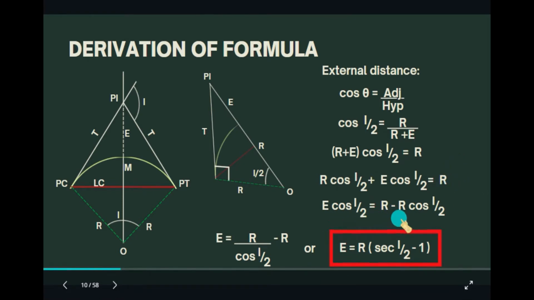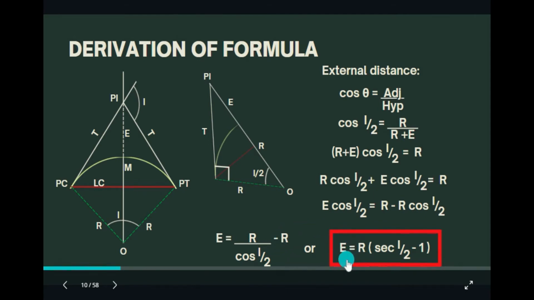Then we can simplify by dividing 1 over cos I over 2 from both sides. Then cosine I over 2 here will cancel, and also from this side it will cancel. So we get E equals R over cosine I over 2 minus R. We can just factor out R, and remember that 1 over cosine theta is equal to secant theta.